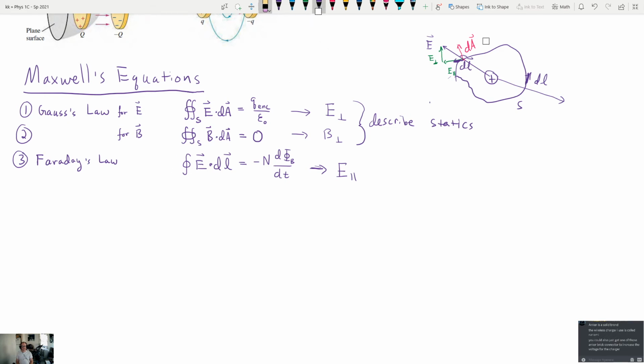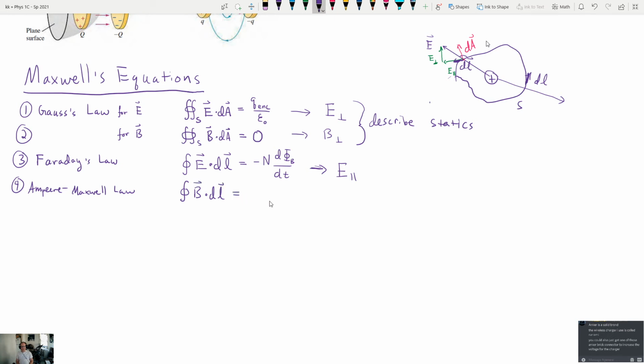Okay, and the last piece of this is the Ampere-Maxwell law that we just derived, basically. And that one describes what happens when you do the integral of B dot dl.